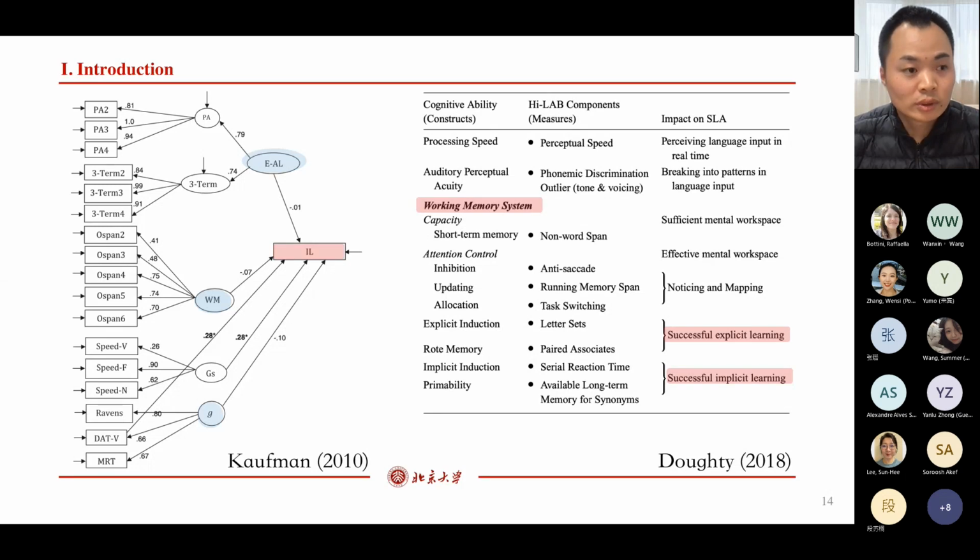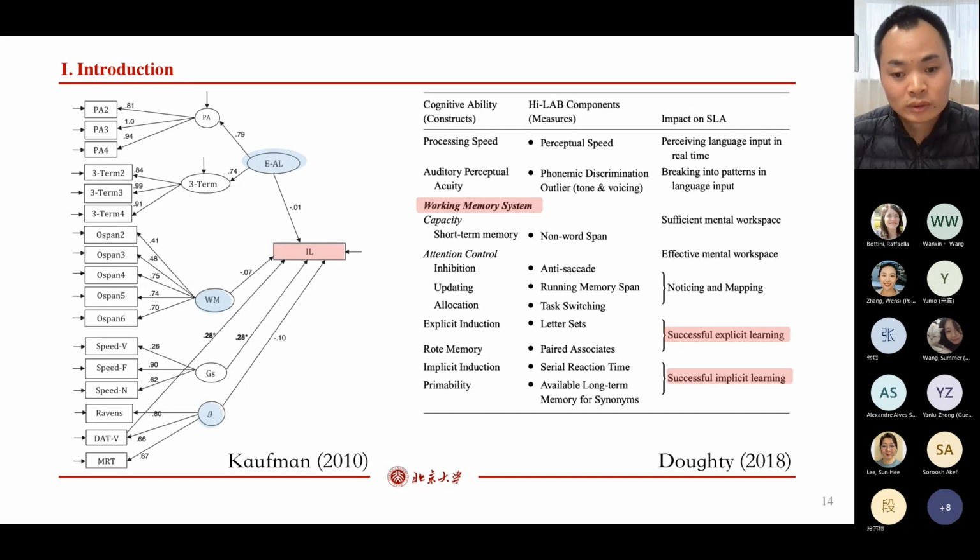In recent years, there are people trying to look into cognitive aptitudes. For example, Kaufman in 2010 did a structural equation modeling and found that implicit aptitude is actually an independent construct, which is quite different from other constructs such as explicit aptitude, working memory, and general intelligence.